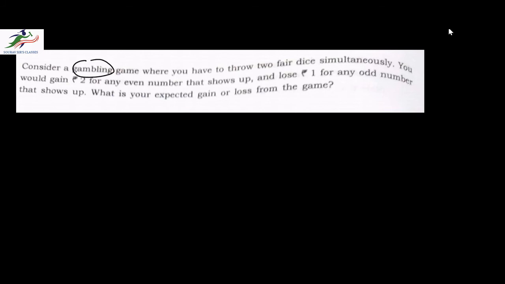The next question talks about a gambling game where 2 fair dice are rolled, and it is told that you will gain ₹2 for any even number that shows up, and you will lose ₹1 for any odd number that shows up.